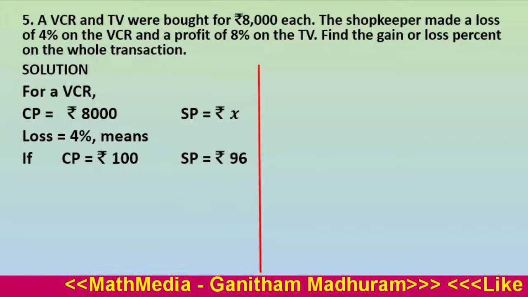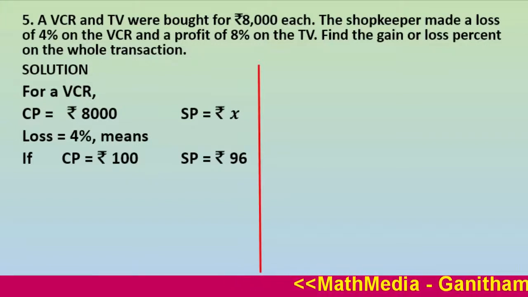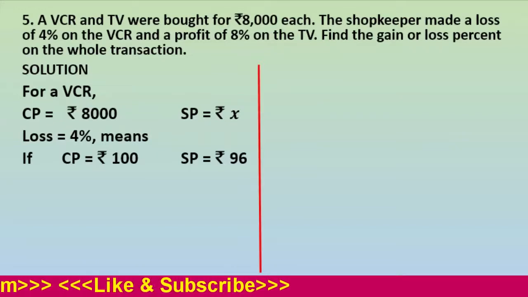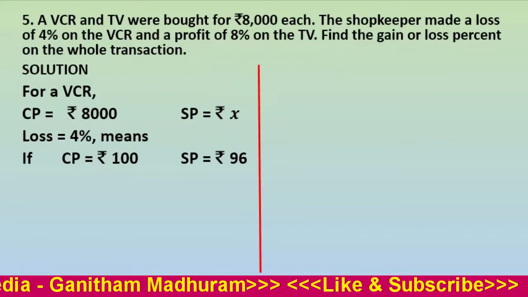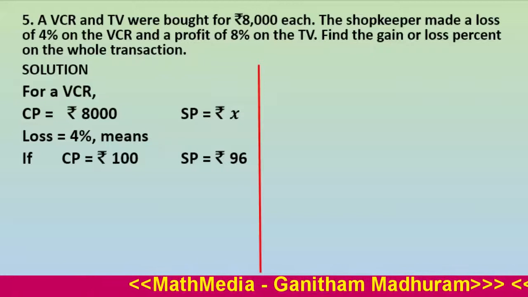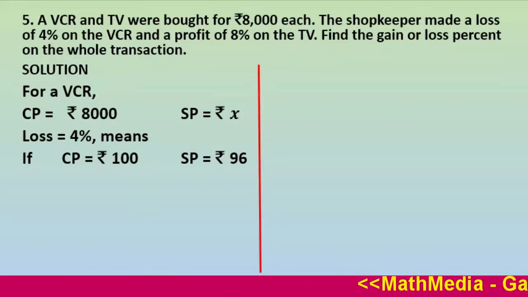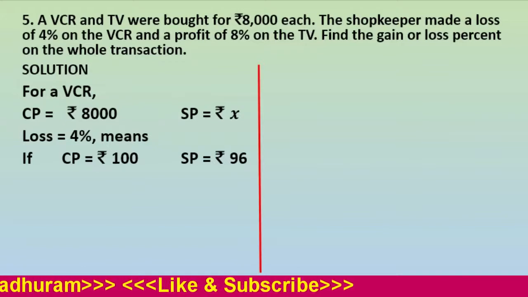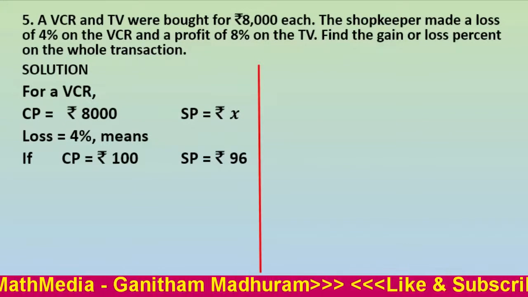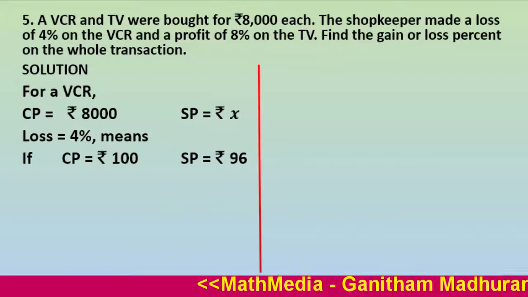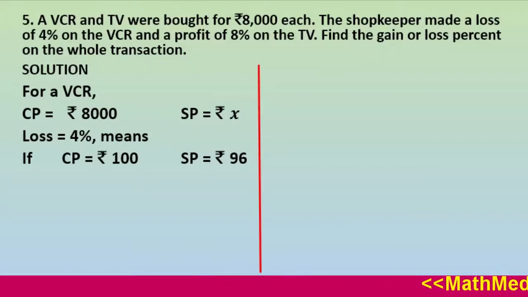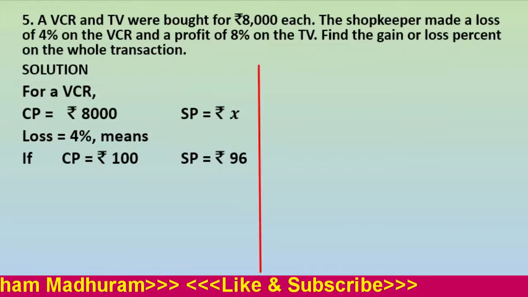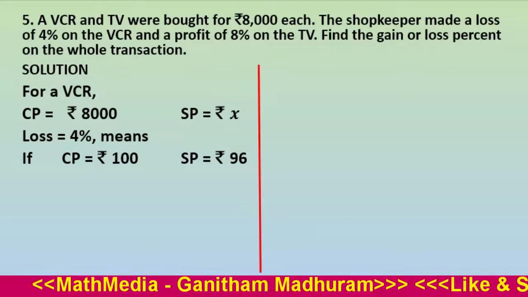So the SP will be CP minus loss, that is 100 minus 4 equal to 96. As I have already mentioned, if loss is given, to get SP you subtract from 100, and if profit is given, to get SP you add with 100. So SP equal to 96. Thus we have written according to loss equal to 4%.